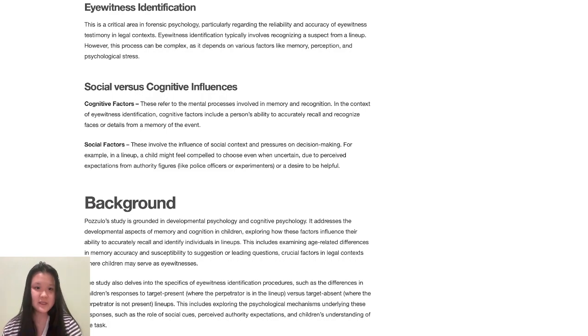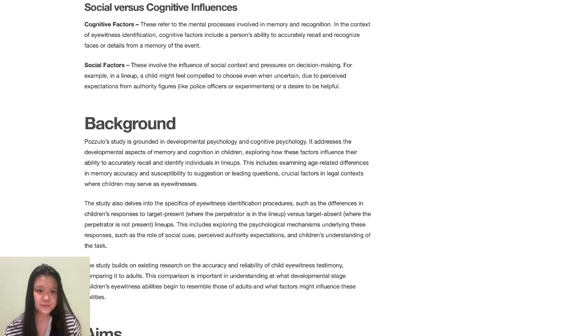Okay, all right. So the next one is the social versus cognitive influences, right? What are cognitive and social factors? Can you tell me? Cognitive factors are factors that are caused by your thinking, and social factors are, for example, where your behavior is affected by other people.